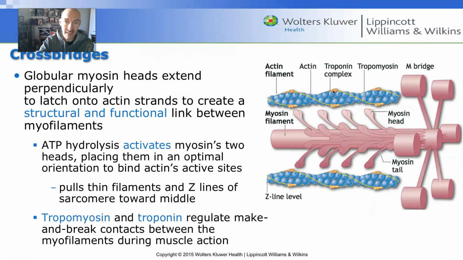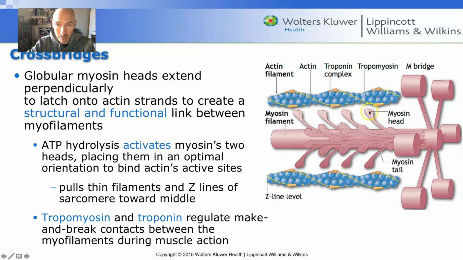And when it does that, it's going to pull the tropomyosin out of the way and expose the active site, which then allows the myosin to bind to the actin, right? So there's a lot of things that have to occur prior to muscle contraction, and we'll get into that here in just a little bit. But I just wanted you to get a better look at the myosin heads.